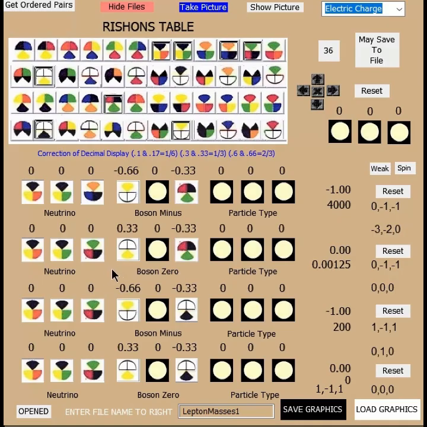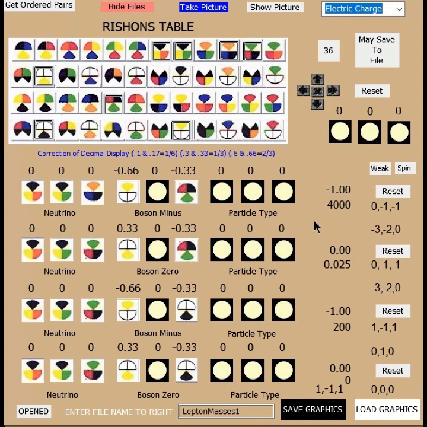And so we should expect, since we have a negative times a negative, an increase for the tau neutrino. And we do. And we get 25,000 of an electron unit for the tau neutrino.